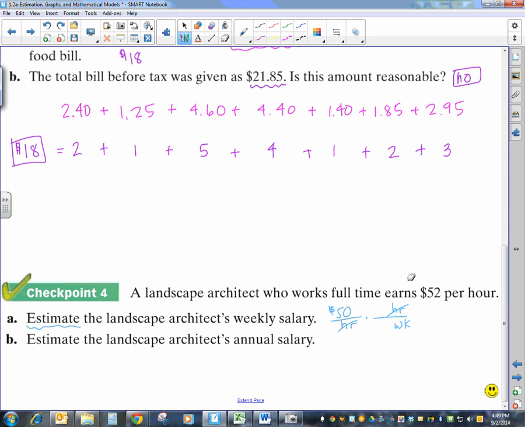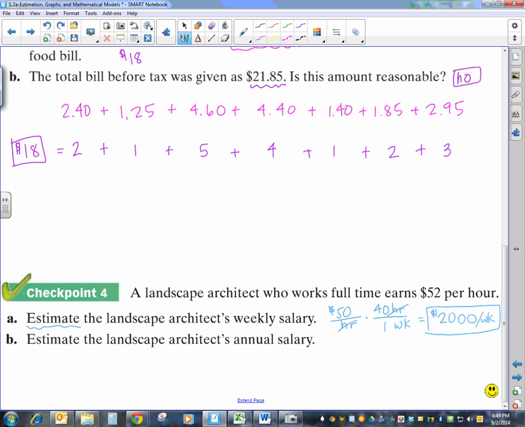This is not your typical week on a clock. We're talking about somebody's salary, and so generally that goes with 40 hours in 1 week. That's what they're expecting people to work. So 50 times 40, 5 times 4 is 20 with 2 zeros. So his approximately weekly salary is $2,000 a week.